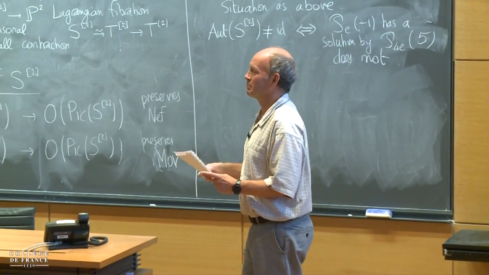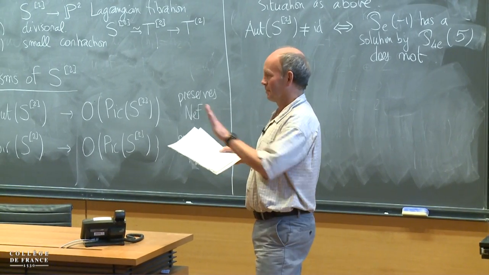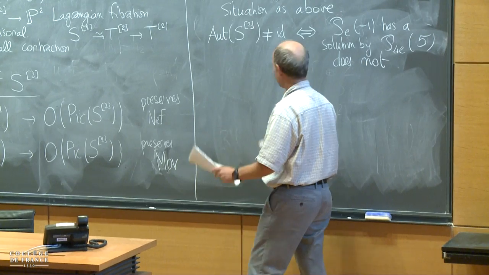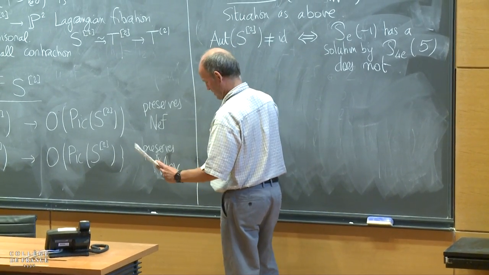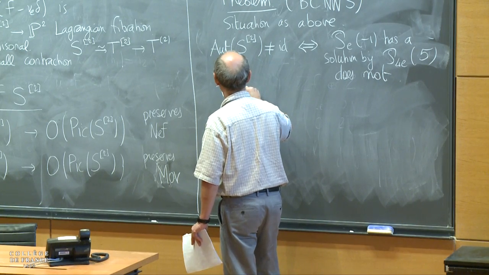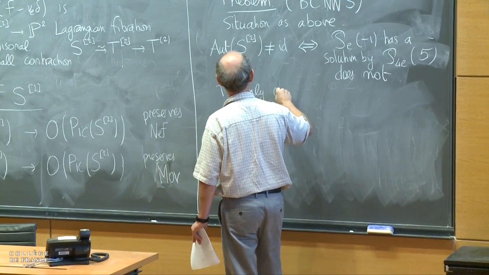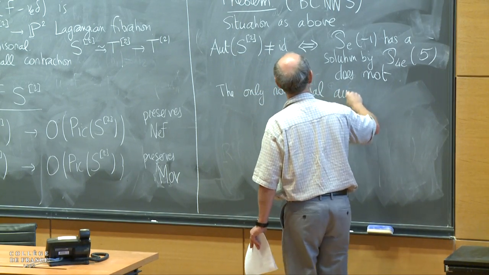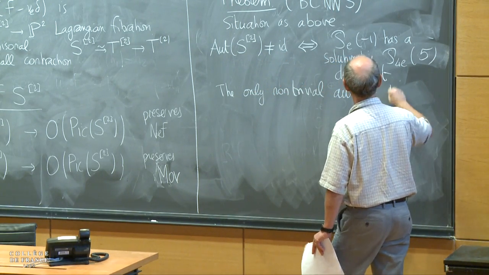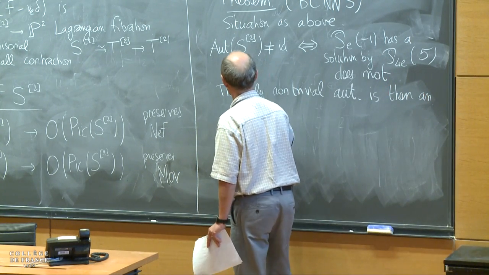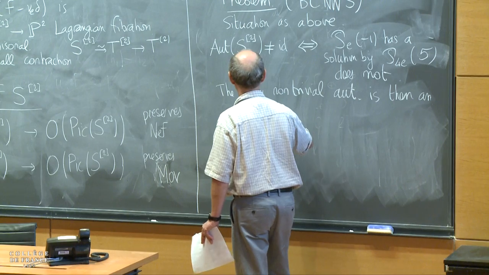I guess trivial just means being equal to Z mod 2 or something. Wait. Yes. The only non-trivial automorphism is then an anti-symplectic involution.